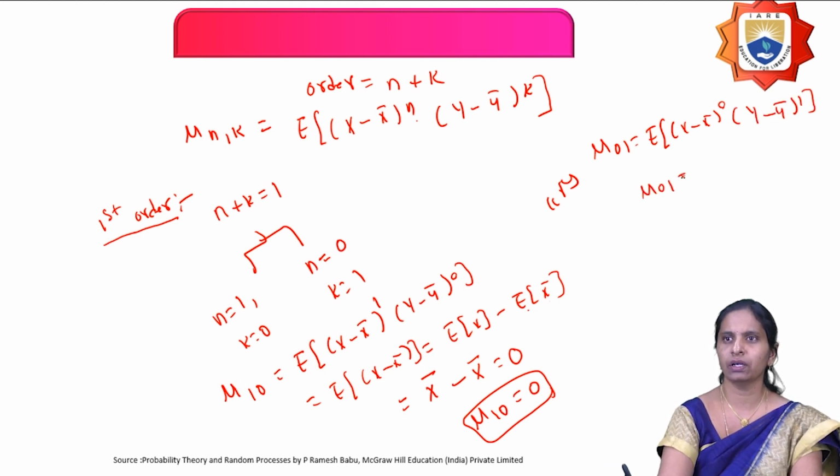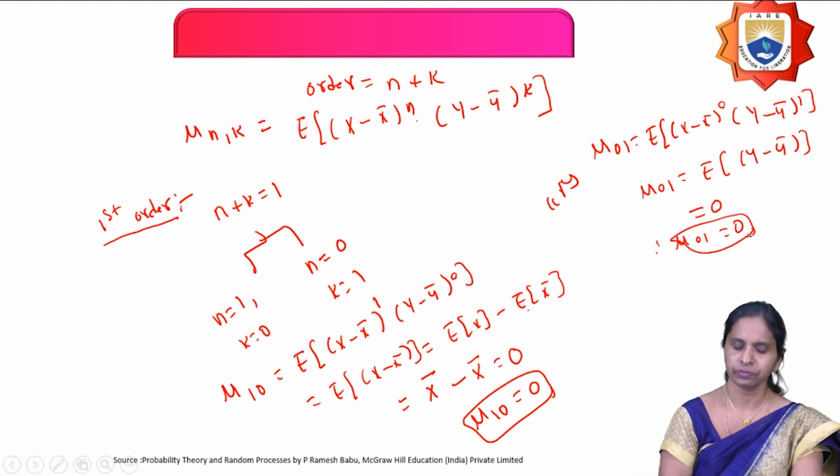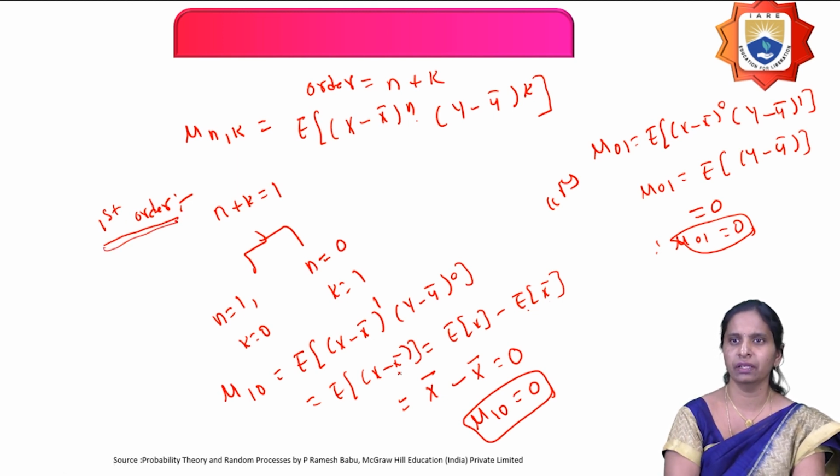That equals the expectation of y minus y bar, and that value is equal to 0. Therefore, mu 0 1 is also 0. Therefore, the first order joint moments about the mean, mu 1 0 and mu 0 1, are equal to 0.